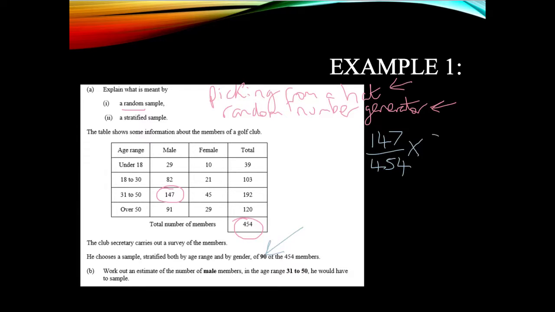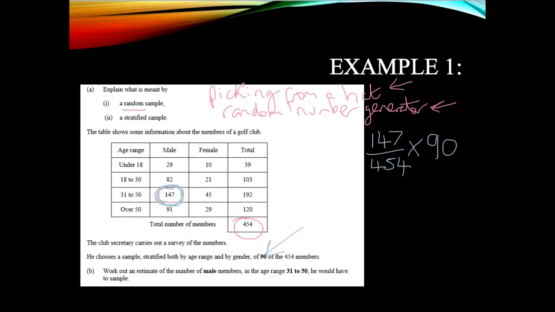And applying it to 90, we do this. So we end up with a fraction of people, and we're going to multiply it by 90. Now this is going to tell us how many people, or in fact how many males there are out of our 90 people that we can ask in our survey.